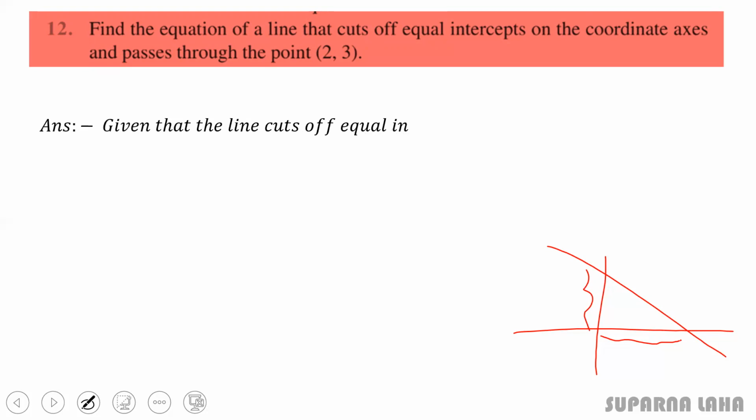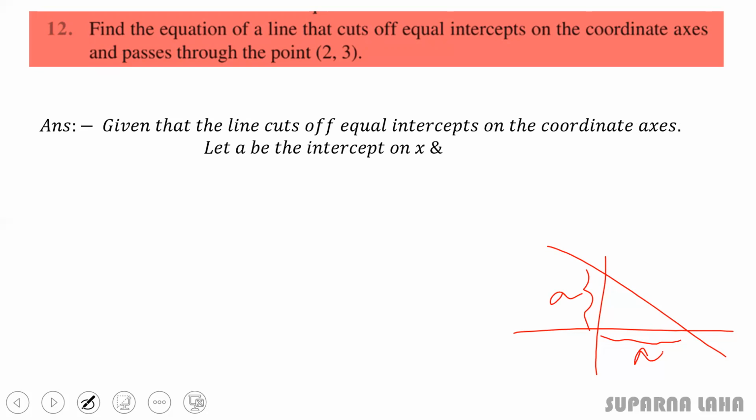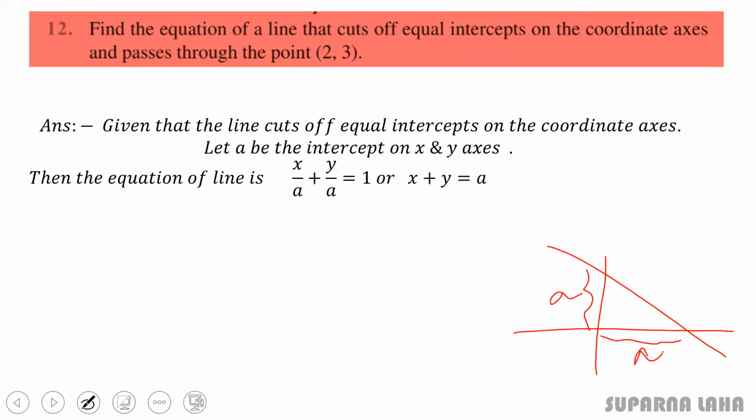In that case, if these two are equal, you can take a as a constant. So the equation will be x by a plus y by a equals 1. So ultimately x plus y equals a.